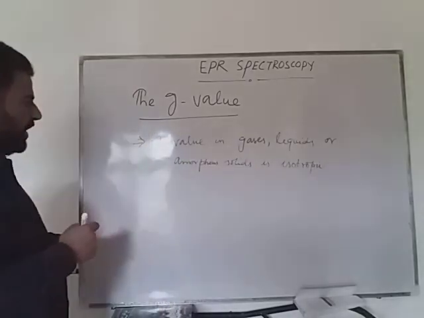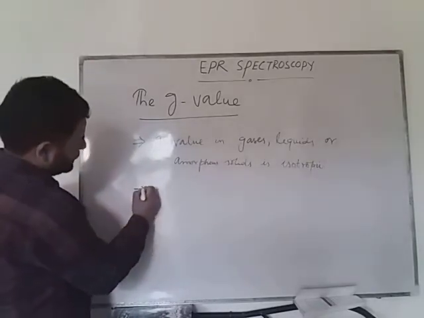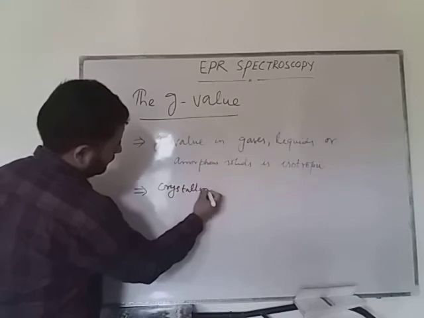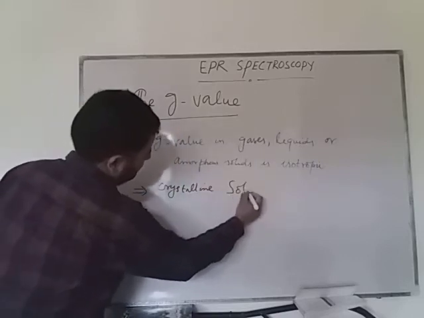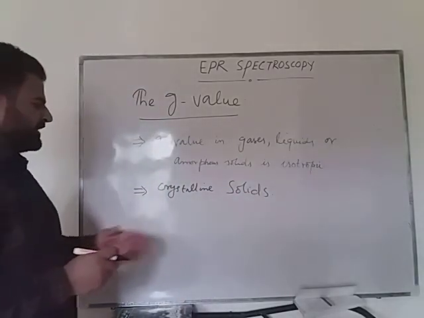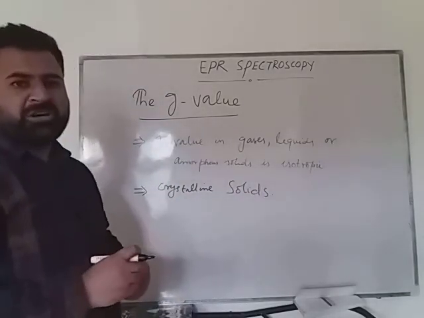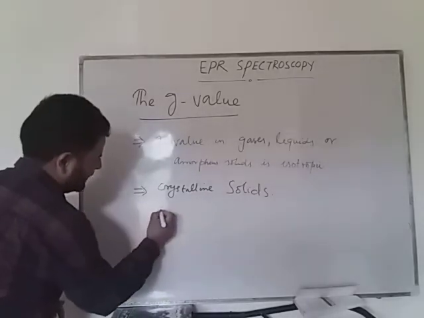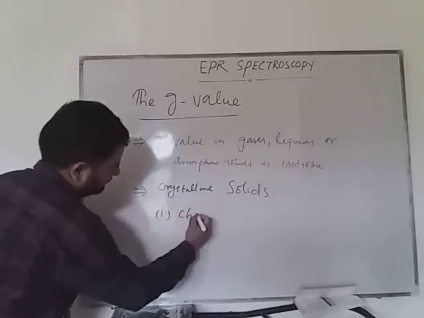Okay. However, in case of crystalline solids, what happens? Here two cases arise. Since crystalline solids have short range order, they are anisotropic. So two cases arise here. One is if they are chiral.